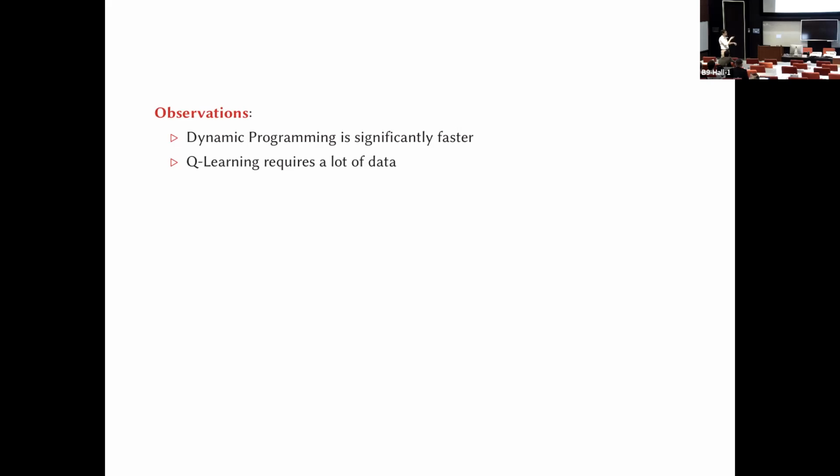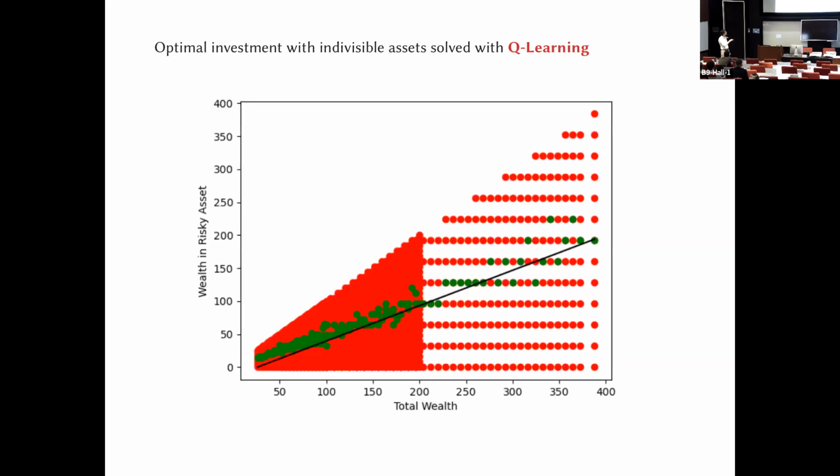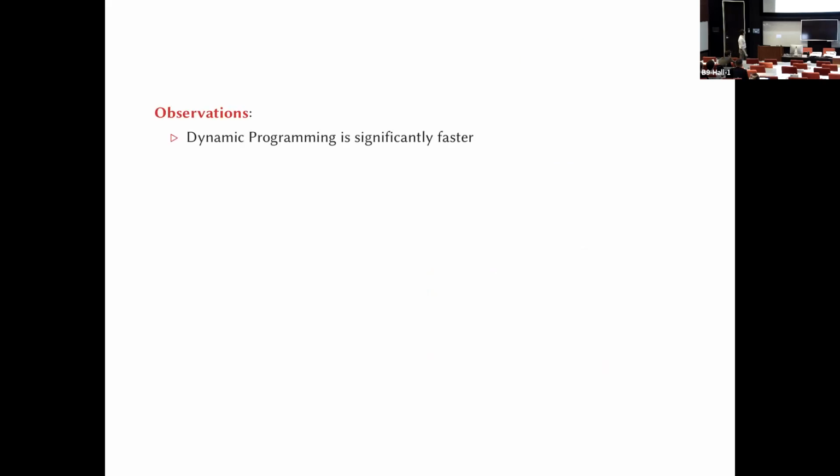The picture that you see here is the result using 1 billion paths. So we need a lot of data. There's a reason for that, because that's really the crude Q-learning algorithm. There are ways to improve this. This is just the most basic version.